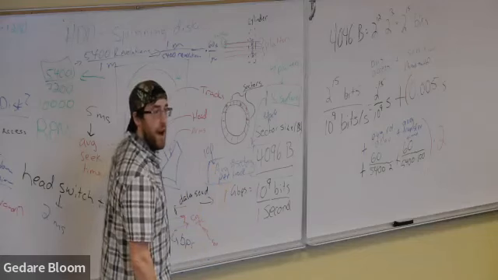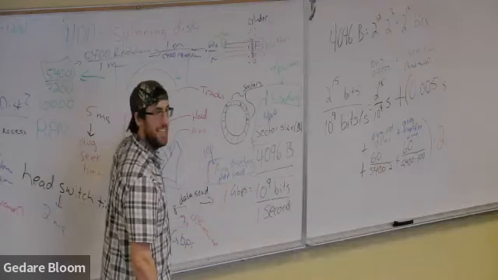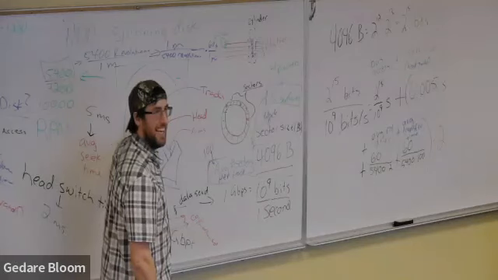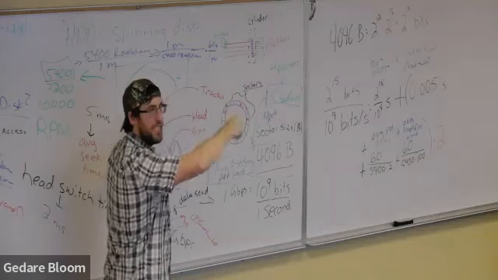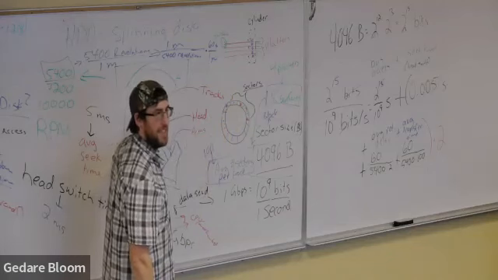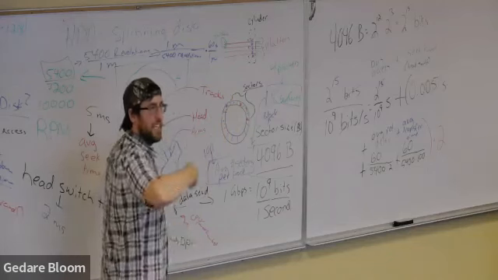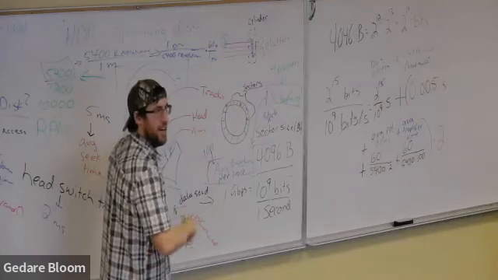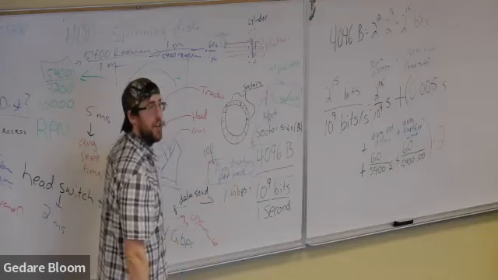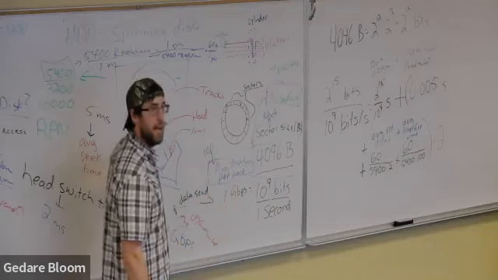But wait, there's more. Pick up your spinning thing and spin it clockwise from the top. Which way is it spinning on the bottom? Keep spinning it and turn it over. It's spinning counterclockwise when you look at it from the bottom.